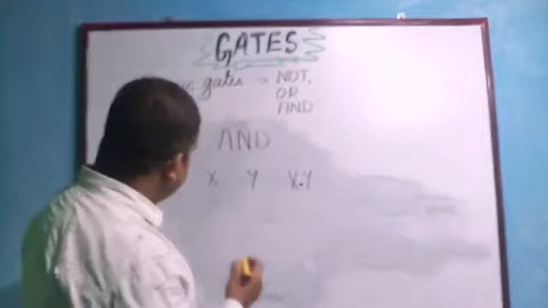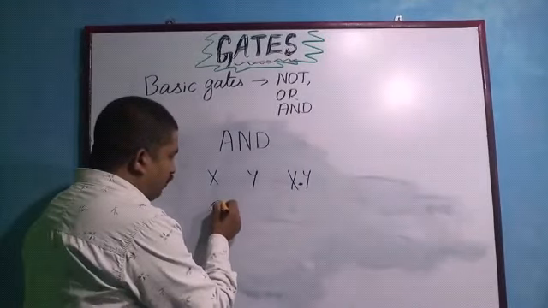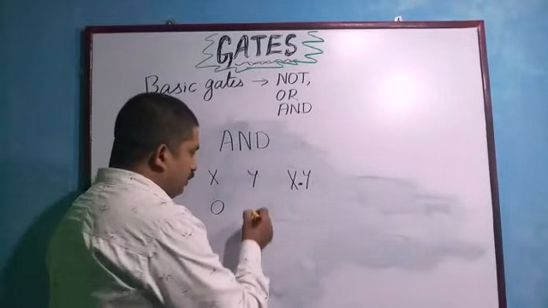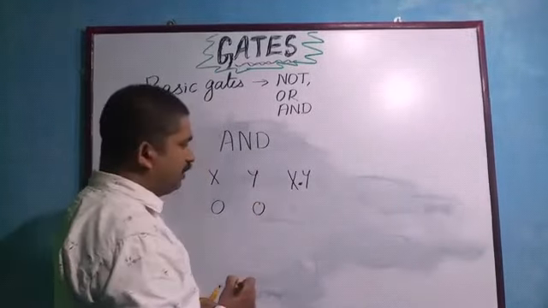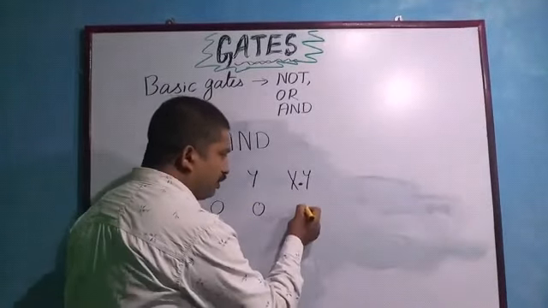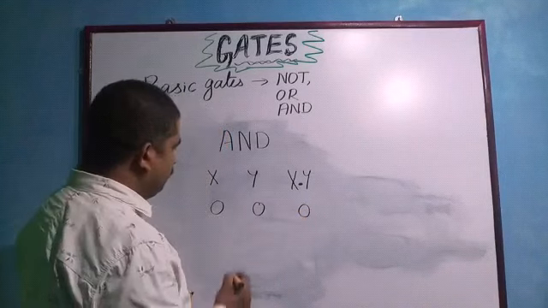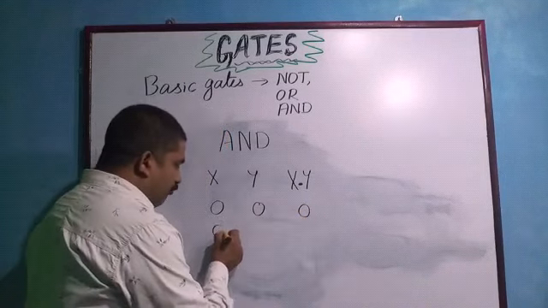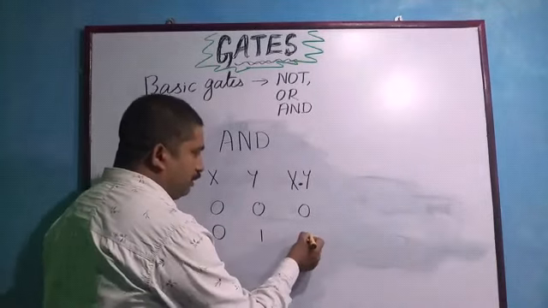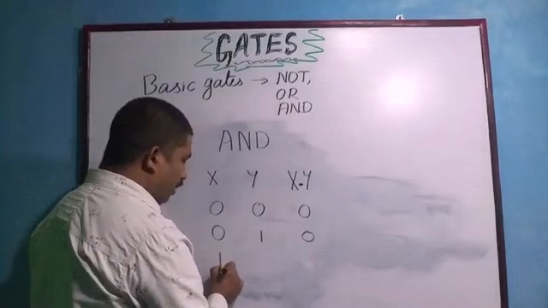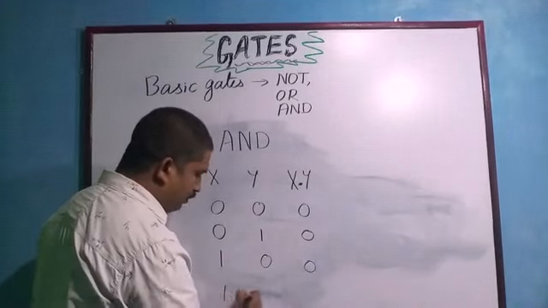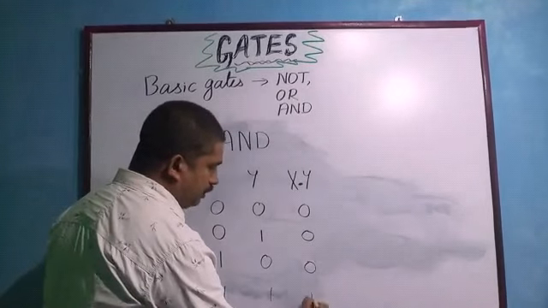X into Y. Okay. So now if one input is 0, let us assume another input is also 0, then what is the output? Once again 0, because 0 into 0 is 0, you can remember like that. Similarly, 1, 0: 1 into 0 is 0; 0, 1: 0 into 1 is 0; 1, 1: 1 into 1 is 1.